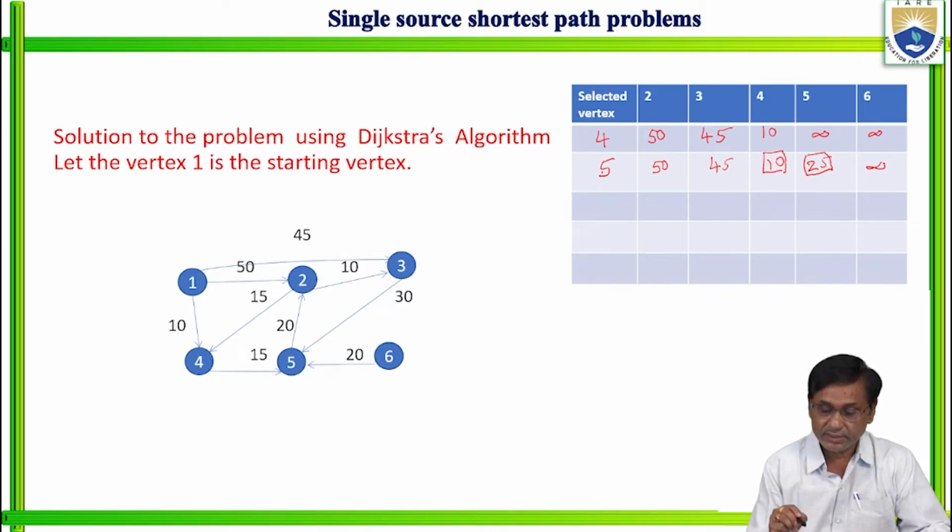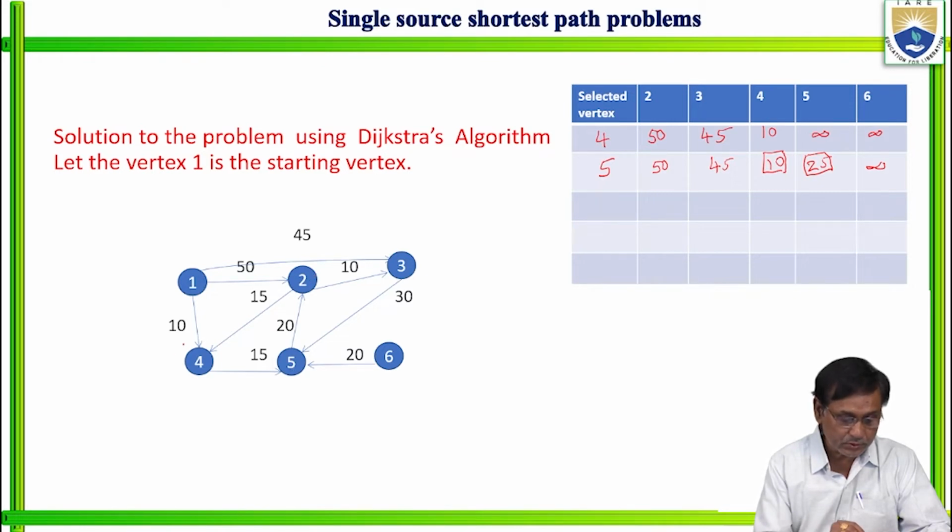After selecting 5, again we have to modify the distances. Since we know the distance of 5, we can find 2. So 1 to 4 is 10, 4 to 5 is 15, that is 25, plus 20, this is 45.